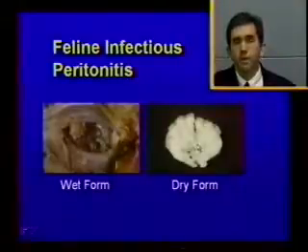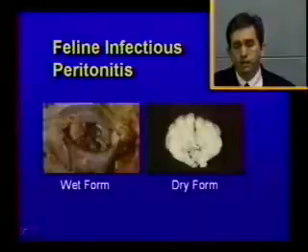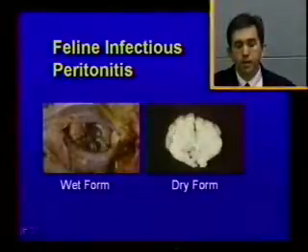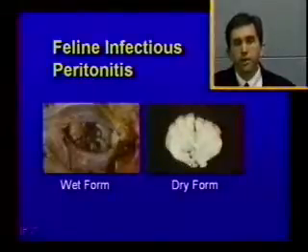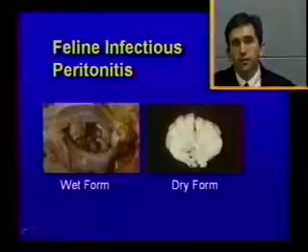Then the dry form is one that does not cause this effusion and this inflammation in the two body cavities. This is one that usually causes a brain disease. This is a section of brain. In other words, the brain was removed from a cat that died of this condition and was cut transversely.